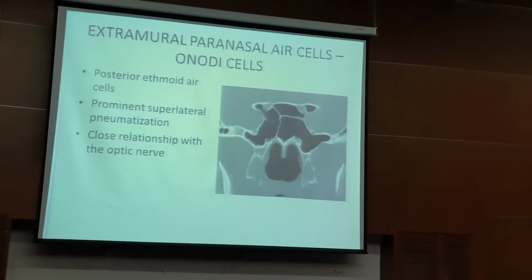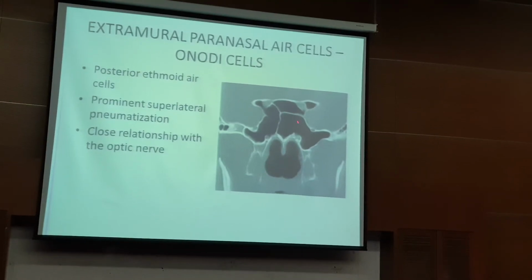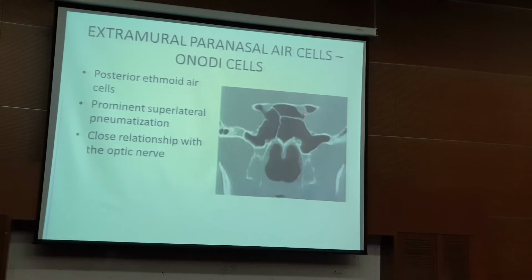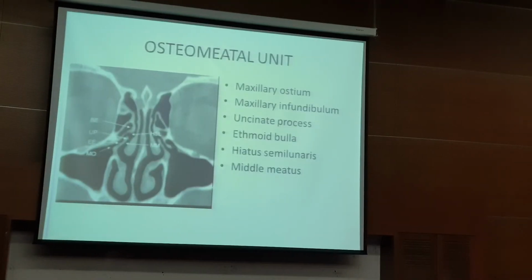Onodi cells. Okay. I think I've explained to you earlier, these are the most posterior ethmoid cells that traverse superior to the sphenoid sinus. And here you can see the optic canal, which protrudes into the Onodi cells. Okay. So the OMU, it is a very complex structure because various sinuses drain through it.